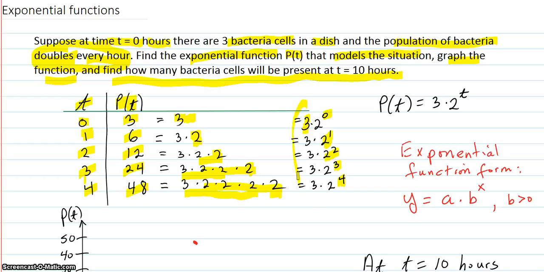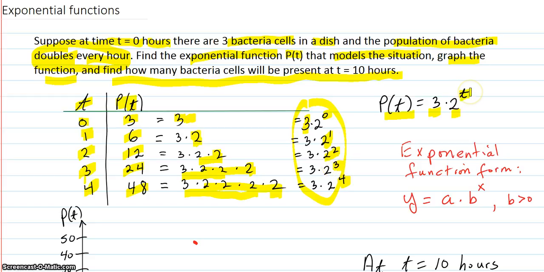So when you look at these, now you see that there's a formula happening here. The population at time t is definitely 3 out in the front times 2, that's the base, to the power. If it's 4, it's 4. If it's 3, it's 3. If it's 2, it's 2.